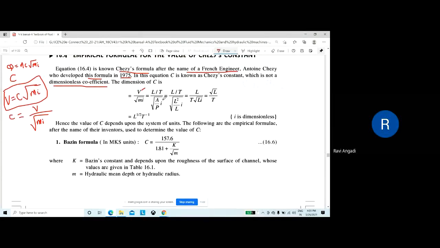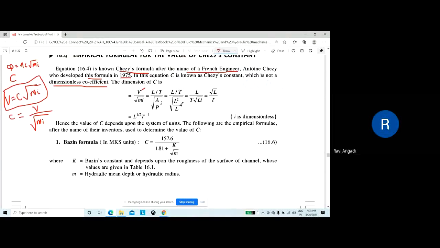Then if you substitute the dimensions for area and perimeter, the area will be L square, since area is length into breadth, both linear dimensions. The perimeter is a linear dimension, so L. Then i you keep as it is, since bed slope is a dimensionless parameter.